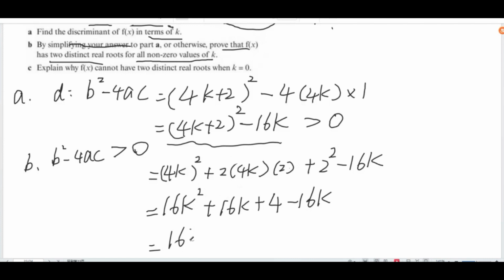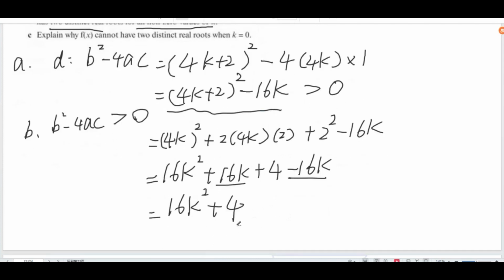So 16k squared plus 16k plus 4 minus 16k, the 16k terms are canceling, right? So 16k squared plus 4, and this must be greater than 0. So put 4 into the right hand side, so it's 16k squared greater than negative 4.